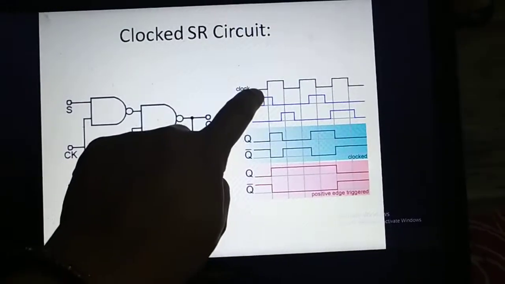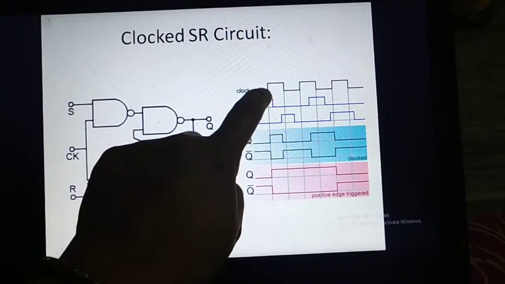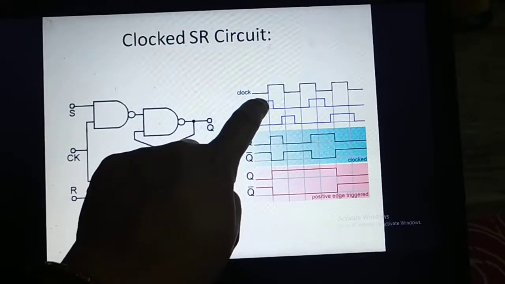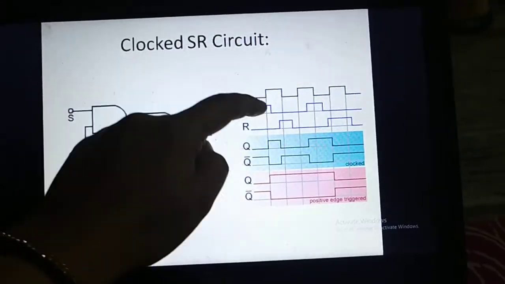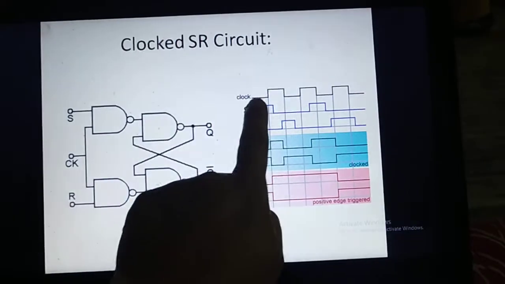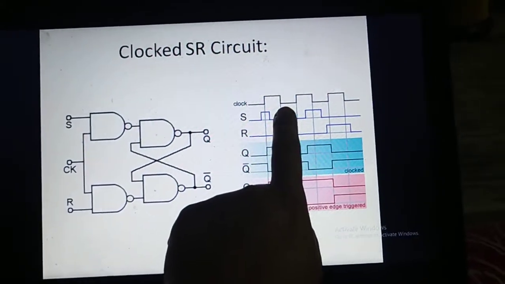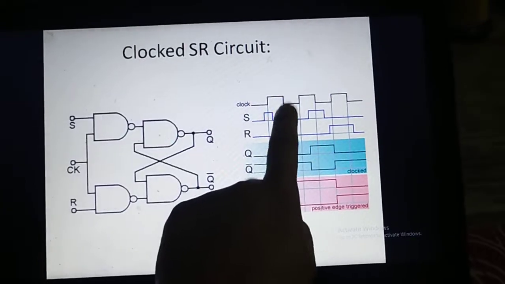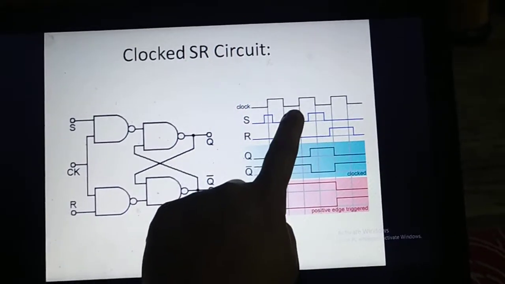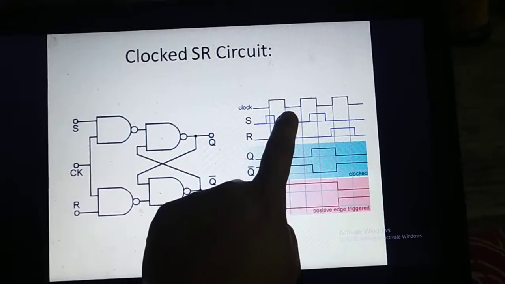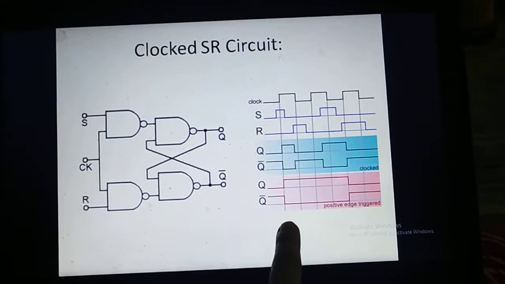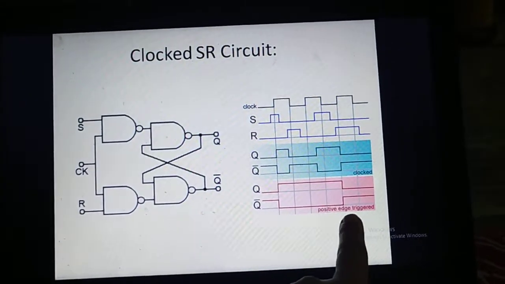Here the clock is going from level 0 to level 1. The transition from 0 to 1 is called positive edge trigger, and at this position the clock signal is going from 1 to 0, which is called negative edge trigger. Here is the output for the positive edge trigger.